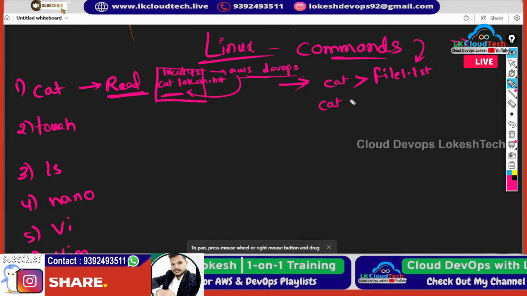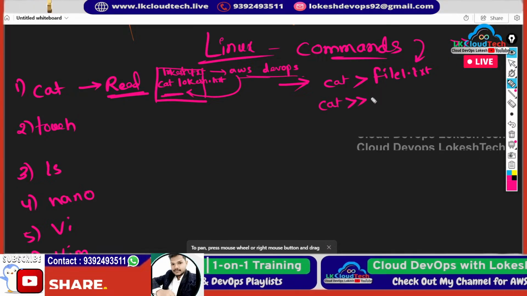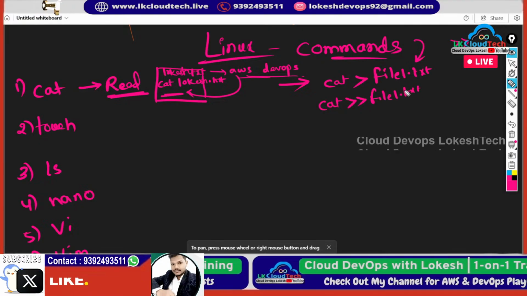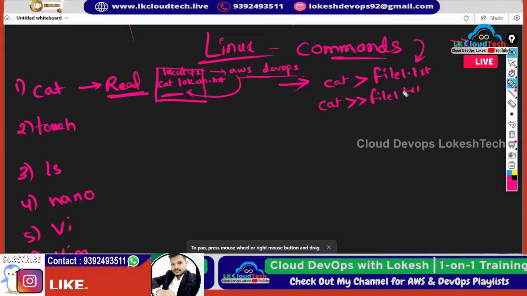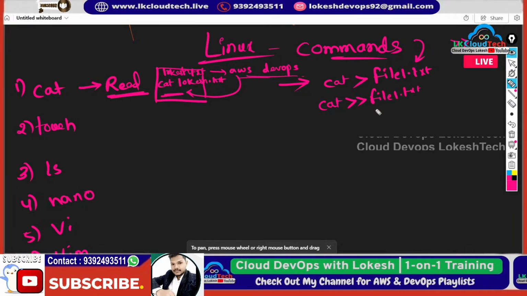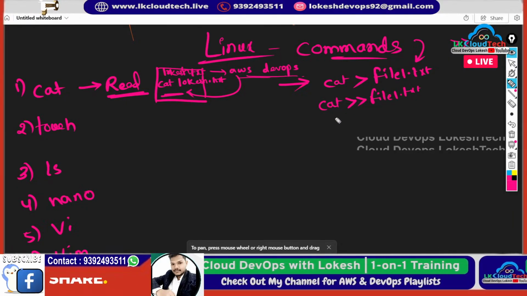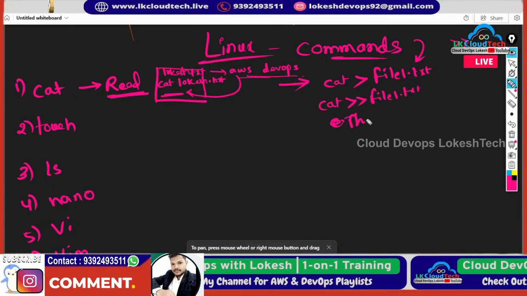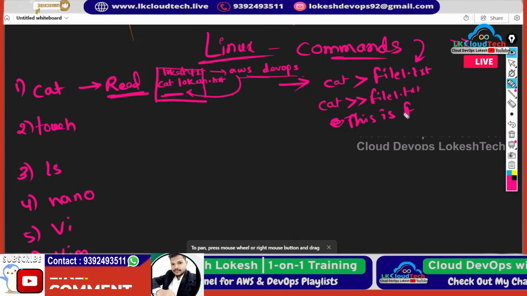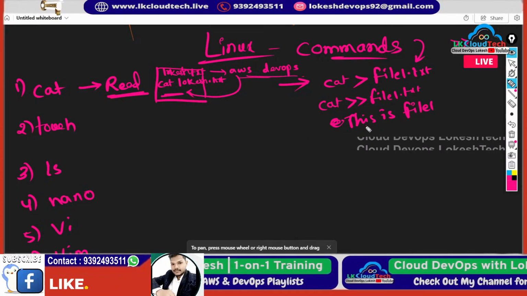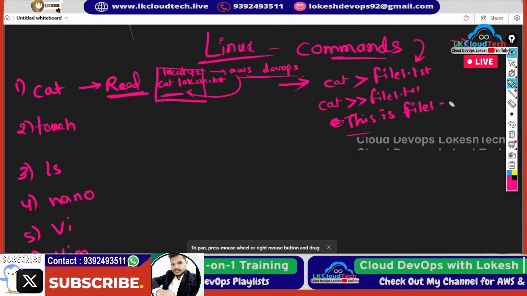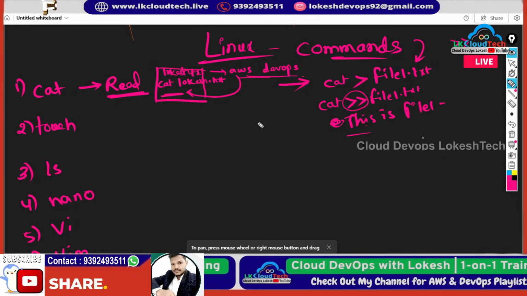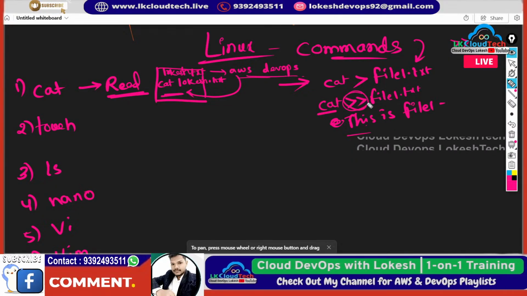Using cat this way, the already created file will be replaced with the new one. It will ask what content you want to keep. I want to keep, this is file one, this is the second line, something like that. So we can override using these symbols.